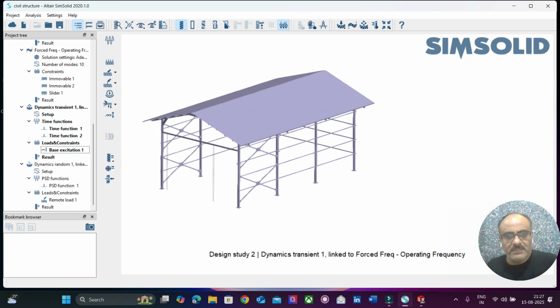So we have the structural simulation, we have the structural superposition, then we have done the modal simulations, and then we have done a modal superposition also. We have done a force frequency simulation, we have done a direct transient simulation, and we have also performed a direct random vibration simulation. So based on this, there are a lot of changes which can be made to the structure by introducing several cross members.